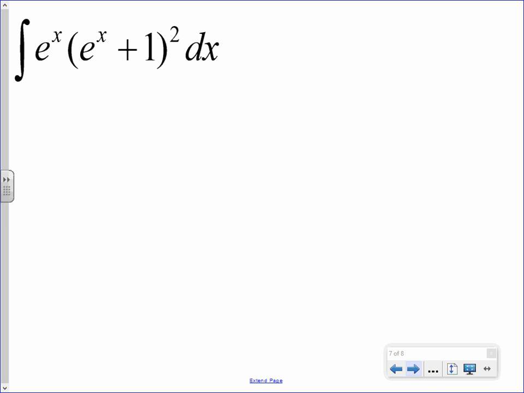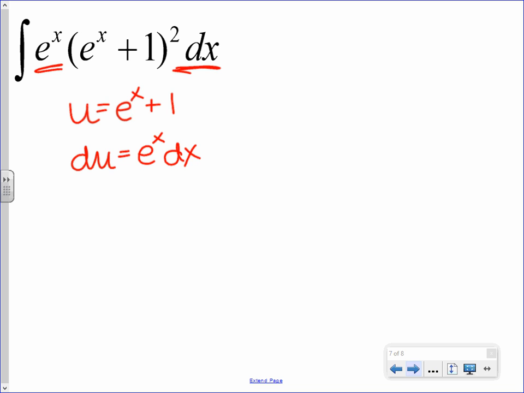All right. So this is one where, yeah, we probably could multiply it all out to do our antiderivative term by term. Or we have a nice composition where we could let u equal what? e to the x plus 1, because that's inside a squared function. du is d/dx of e to the x, dx.